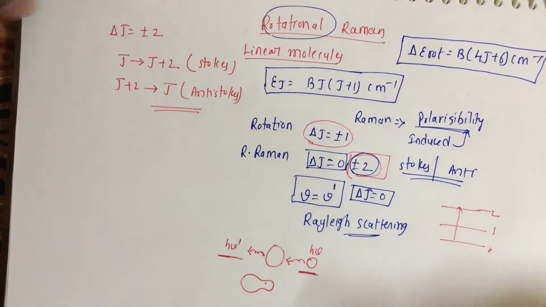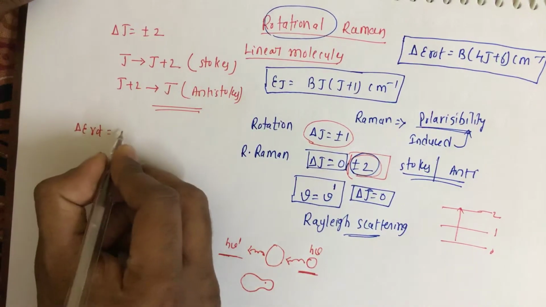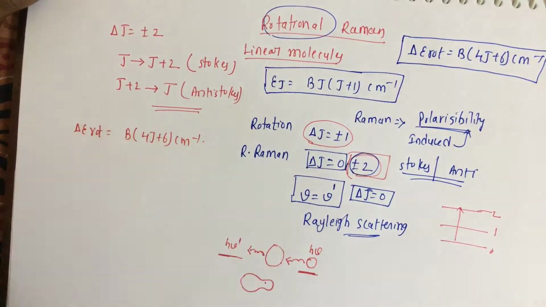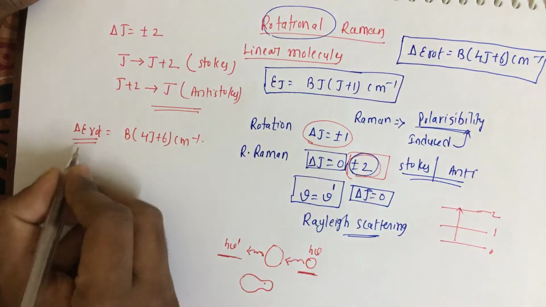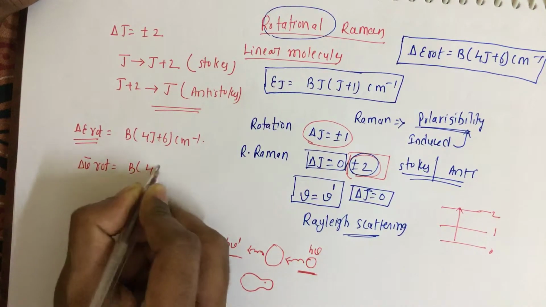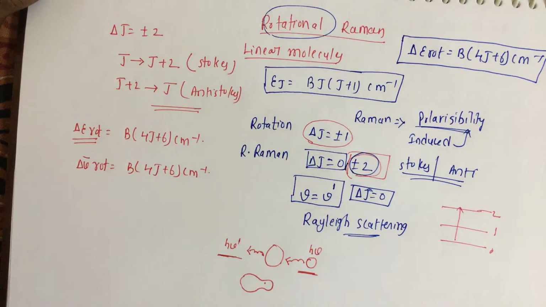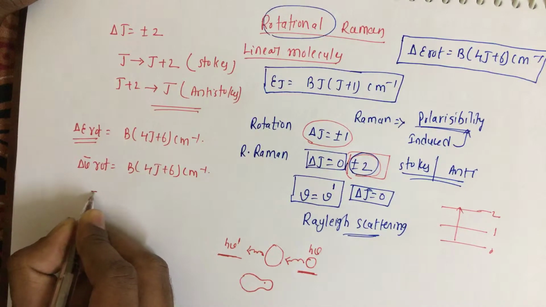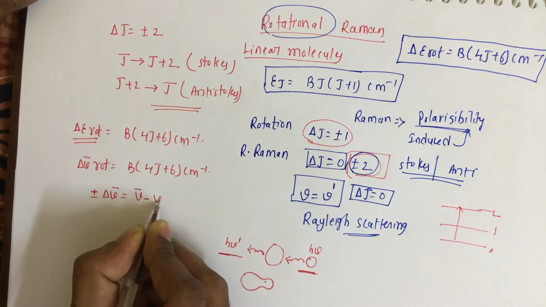The energy of rotation can be written as B(4J+6) centimeter inverse. This is the rotational energy change, so it can also be written as delta nu bar rotation equals B(4J+6) centimeter inverse. The wave number relationship for Stokes and anti-Stokes lines comes from the Raman shift: plus or minus delta nu bar equals nu bar minus nu dash bar.